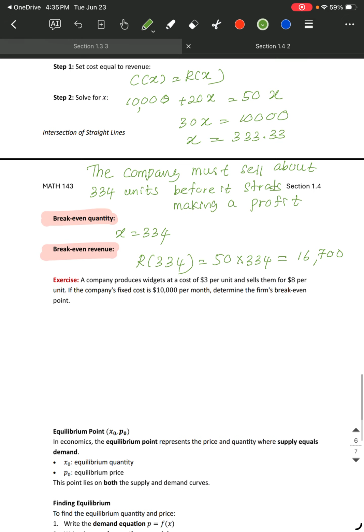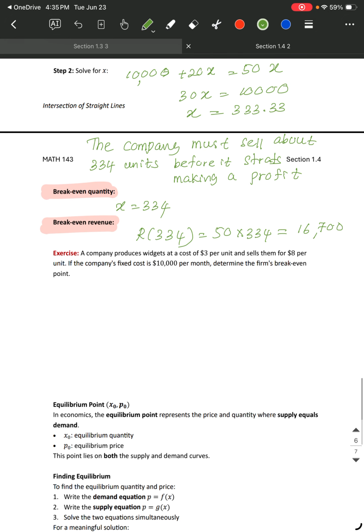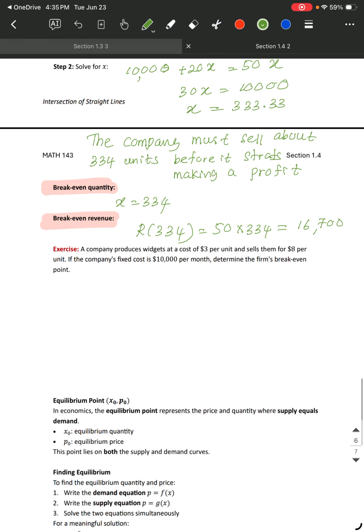Okay, here you can see one more exercise. Please pause the video and try it yourself.